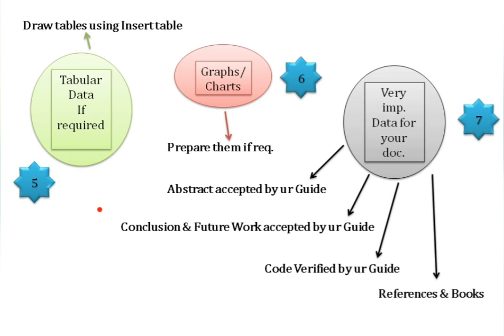You need to consider the abstract accepted by your guide, because your base paper has a different abstract and your guide prepared a different abstract. Also the conclusion and future work accepted by your guide, the code verified by your guide, and the references and books you referred to for your documentation. Observe these four very carefully. Conclusion and future work and code are obtained only when you complete your project.